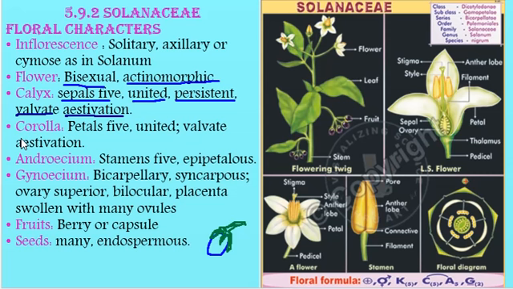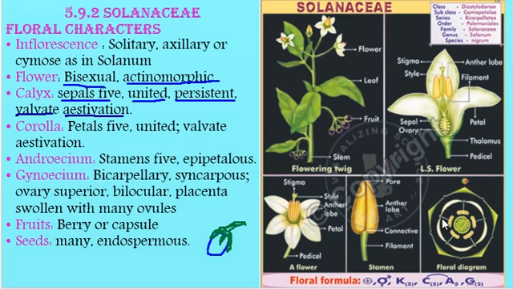Next whorl is corolla. Here the petals are 5 and united. What do you mean by united petals? That is the gamopetalous condition. And here also the corolla has valvate estivation. You look at this floral diagram. So here both margins of each petal just touch one another but do not overlap.